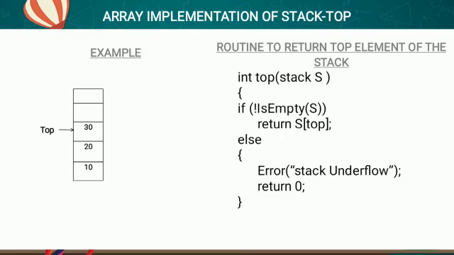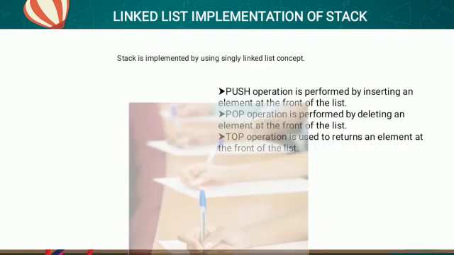To do this, first check for an empty stack. If the stack is empty, then there is no element in the stack, so here we return nothing. Otherwise, return the element which is pointed to by the top pointer in the stack. That's all for the array implementation.